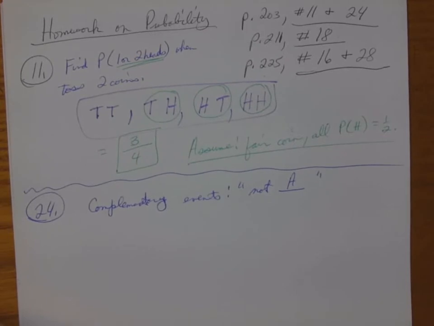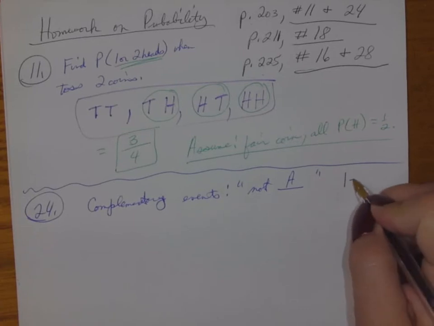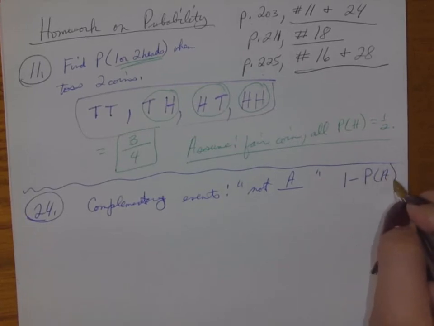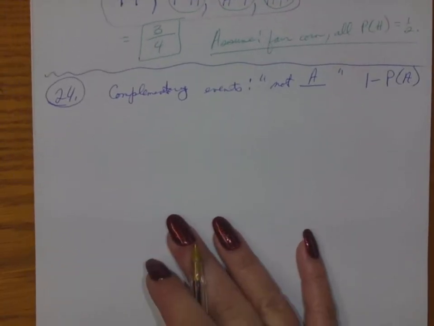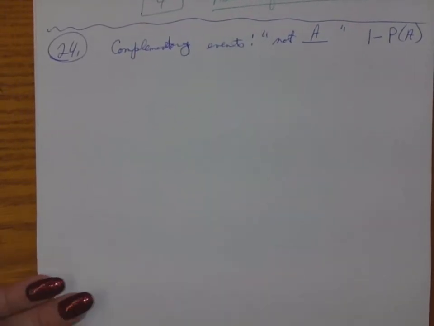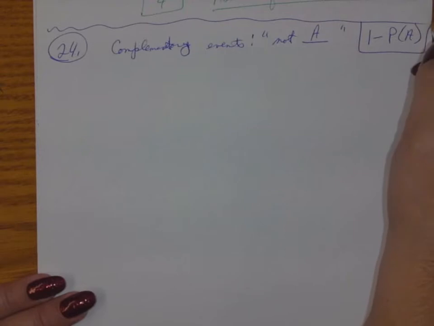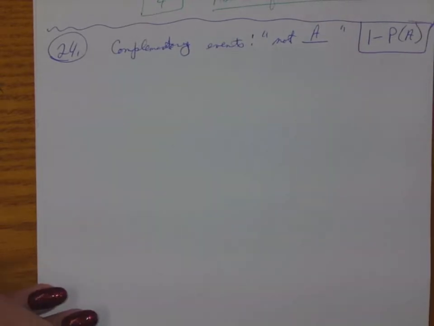Well, the probability of getting heads is 1/2. What's the probability of not getting heads? Well, that's also 1/2, right? But the way we find that is 1 minus the probability of whatever that original thing was. So that's going to come in handy while I'm calculating complementary event probabilities.